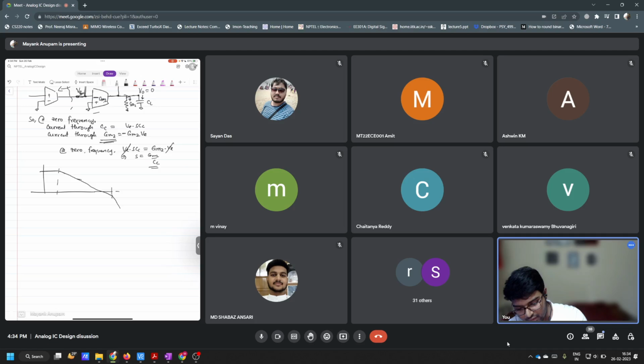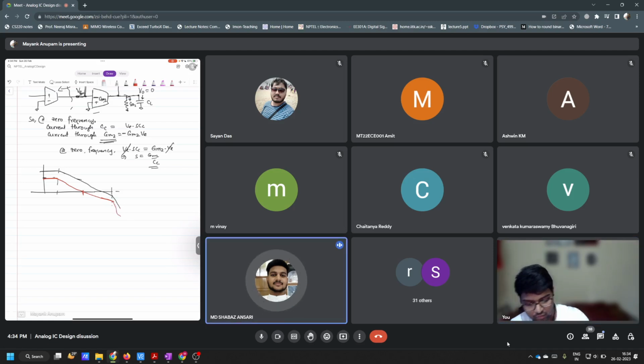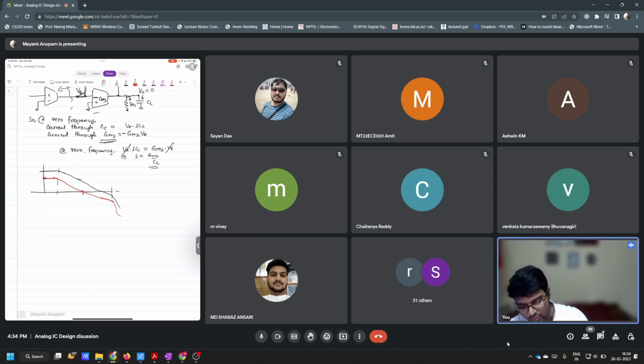So let's say your loop gain comes down like this. So your new location of omega u will be this one, but P2 will not change, right? Yes, pole and zero locations are not changed. So you can see this omega u has changed. Your loop gain will have a 1 over k term like this. Use that to get omega u loop. Okay, sir.